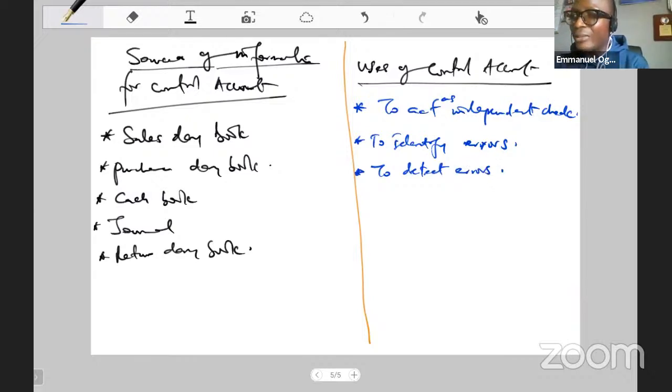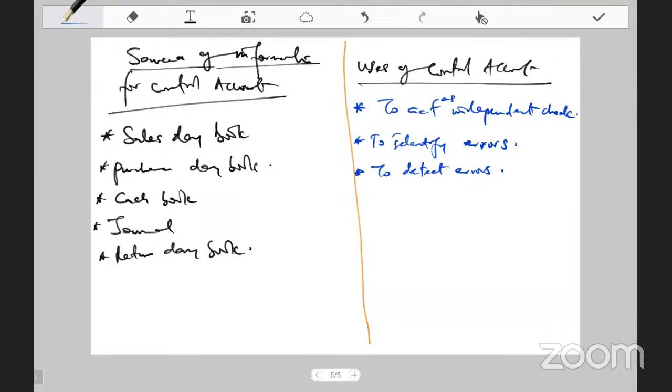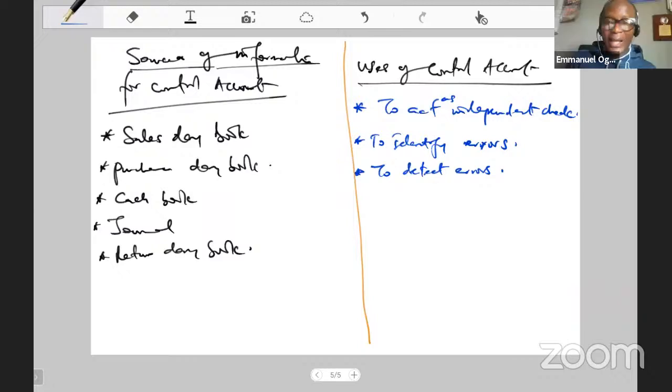A control account is very easy in detecting errors. It acts as a check, a situation whereby organizations will be very careful in making errors. Because if you have something that acts as an independent check, it will help you get all those transactions that you need to get.